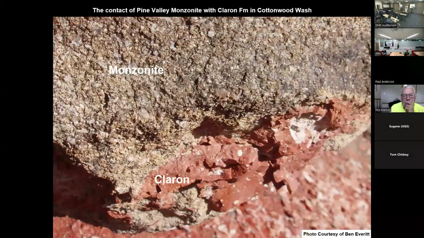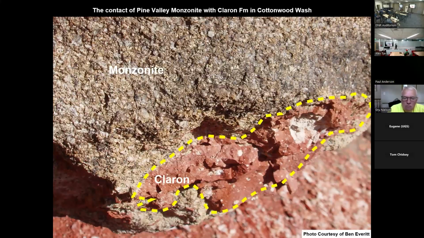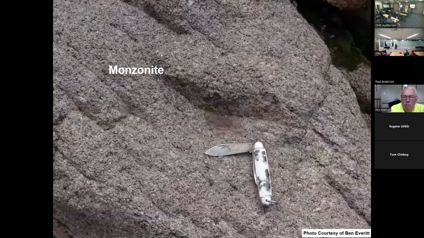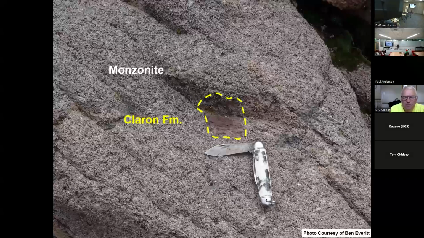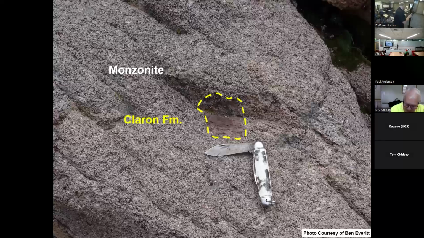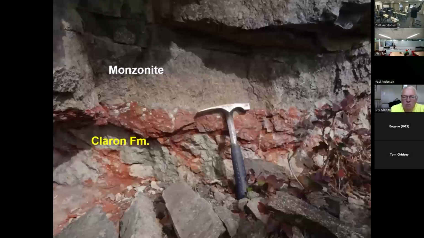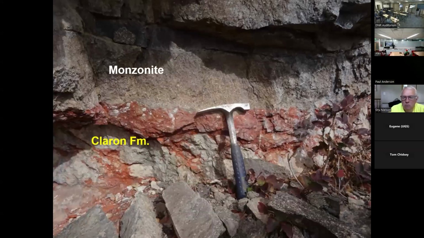Okay. Here's another picture that Ben provided. You can see a little Claron piece within the monzonite. Here's another. So it looks like pieces of that Claron are being incorporated into the monzonite near the basal portion of the laccolith. Here's another picture where you can start to see some white limestone.